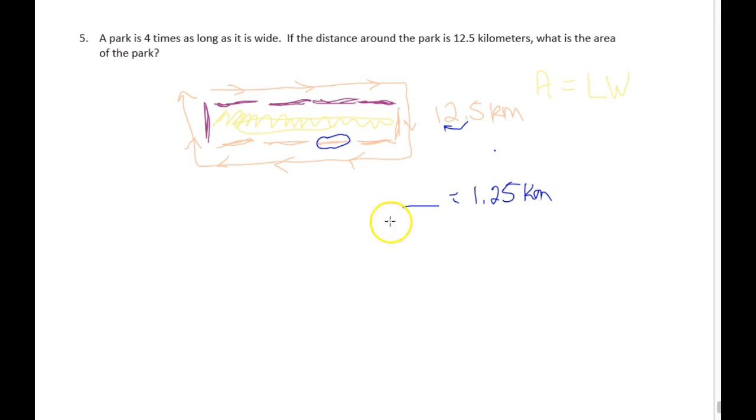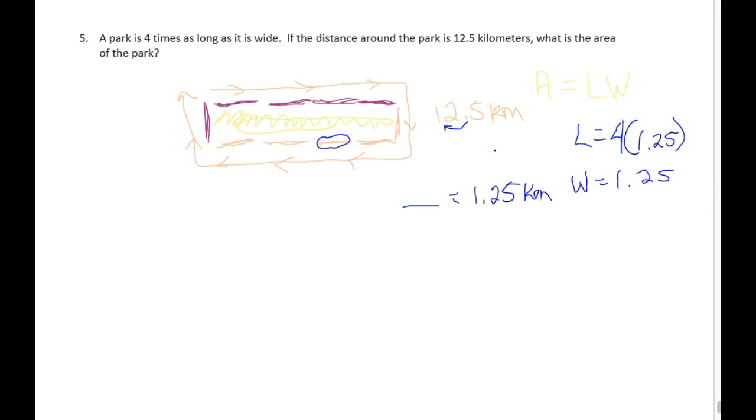And so now to figure out the length, it is equal to 4 of those. 4 times 1.25. The width, how wide it is right here, is equal to 1 25/100ths. And then when we find the area, we're going to multiply these two by each other, because length times width.